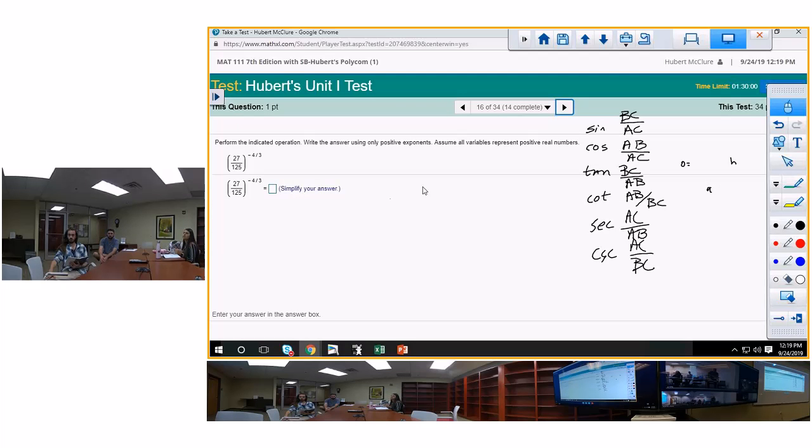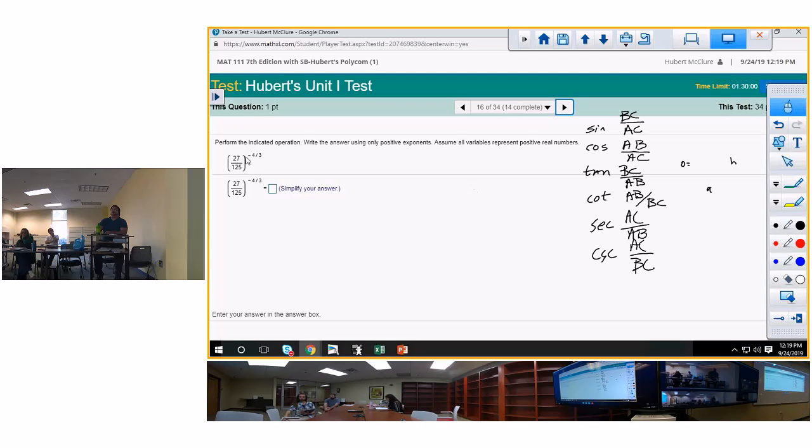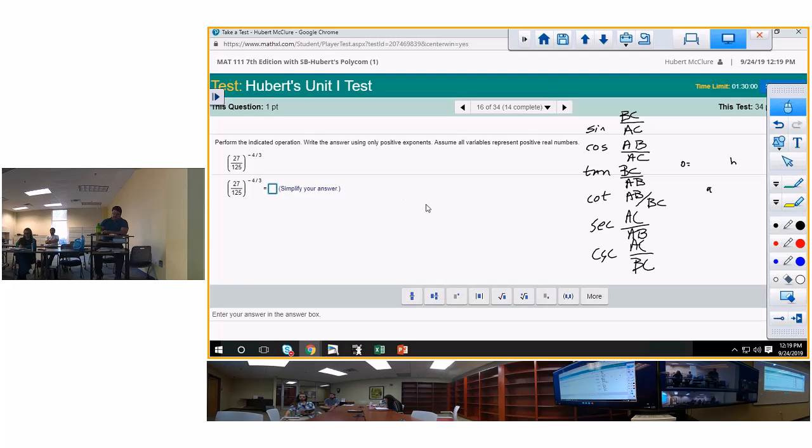Next. Okay, that's pretty simple. How do I write it with a positive exponent? I flip it. They said using parentheses, so that's going to be 125 over 27, raised to the 4/3.